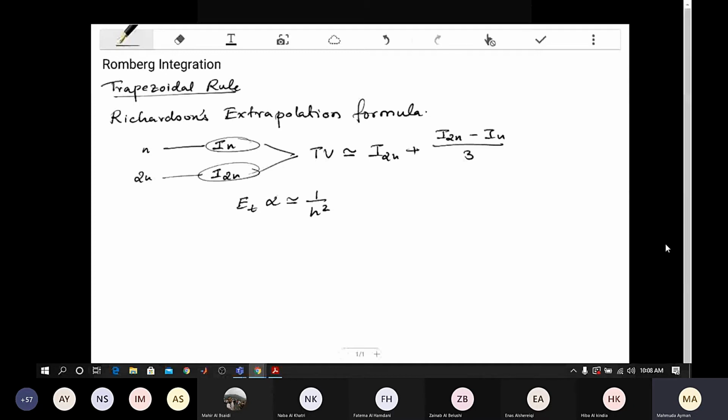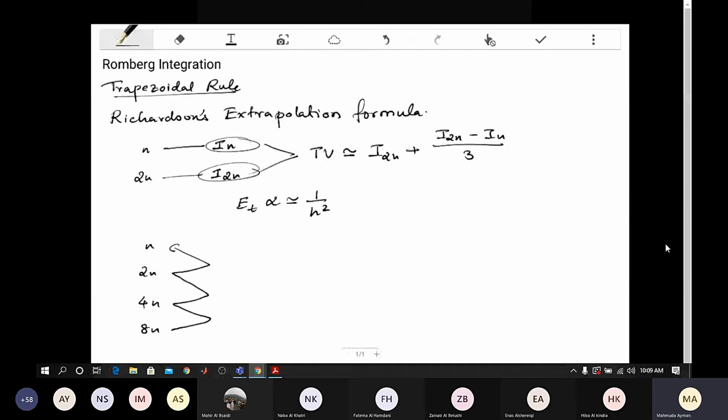For example, let's say I have n segments, 2n segments, 4n segments, and 8n segments. Now we can use these here to get better approximations, right? So we can use these approximations here to get better values.